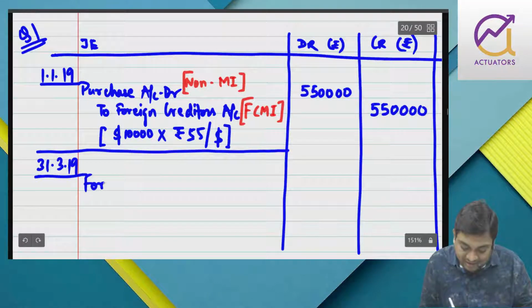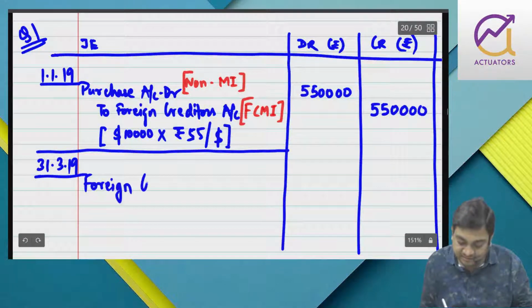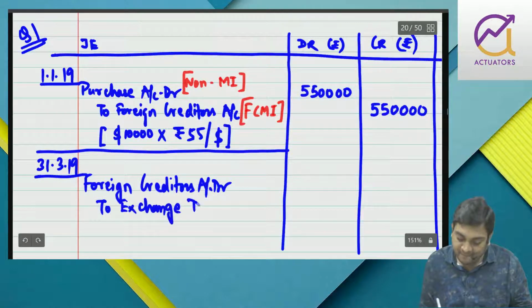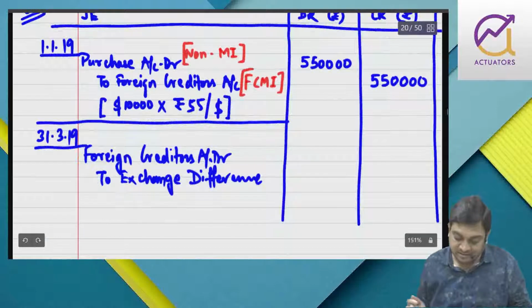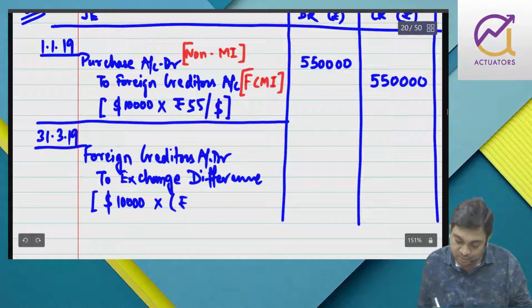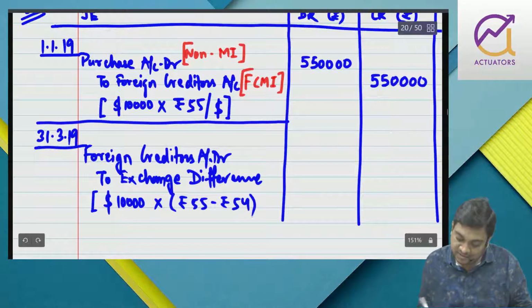So I will debit foreign creditors to exchange difference, $10,000 into 55 minus 54.